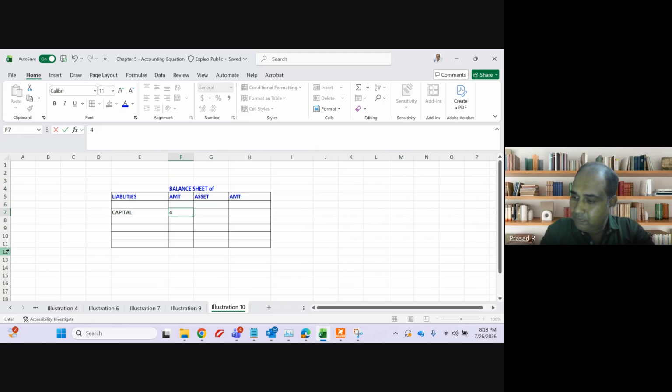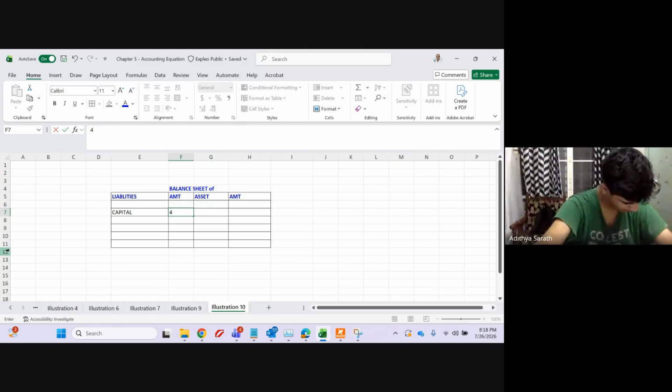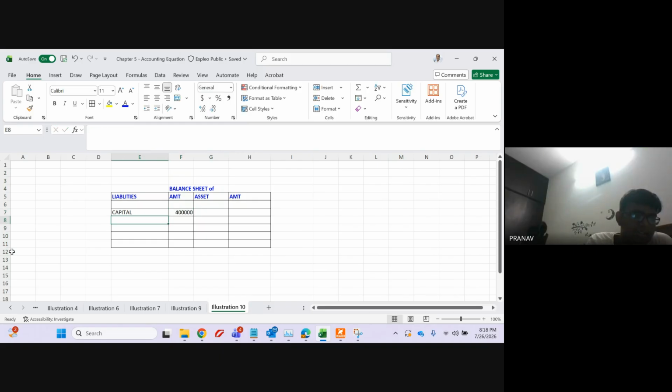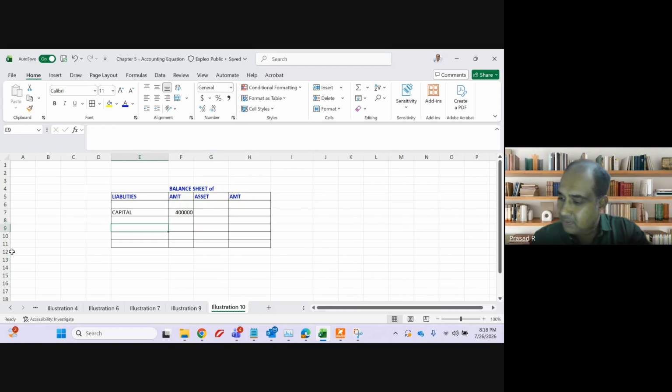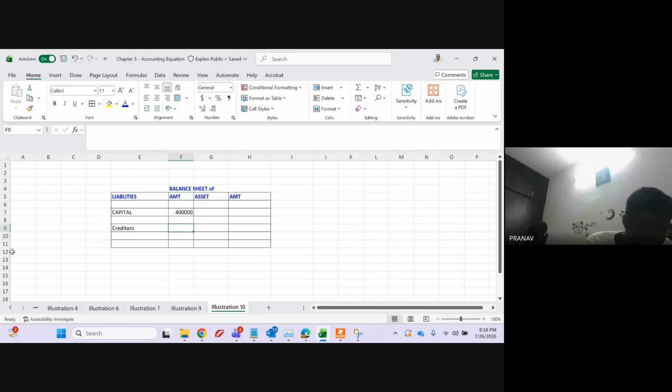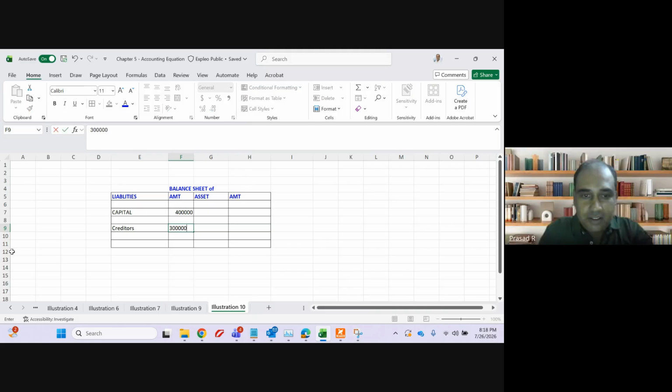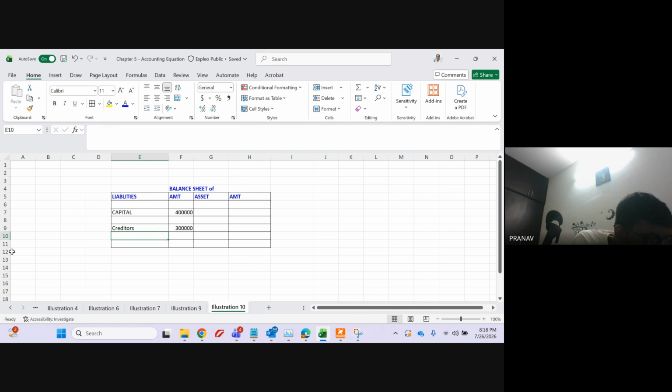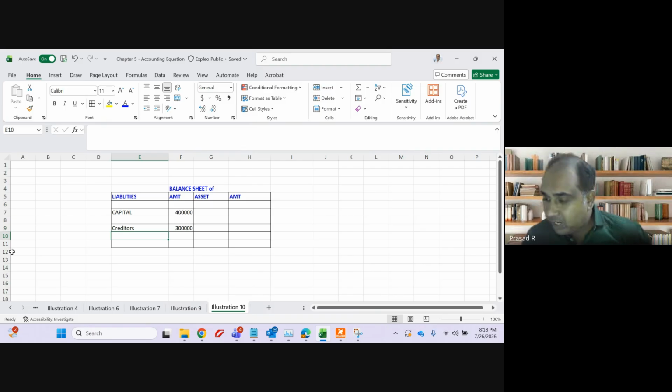How much is the capital? Tell me, guys. Capital is 4 lakhs. Creditors is how much? Creditors is 3 lakhs. Next, revenue earned during the period is 7,50,000.